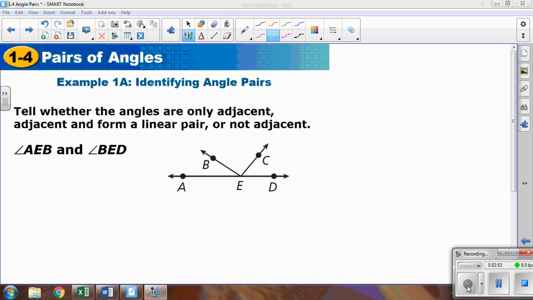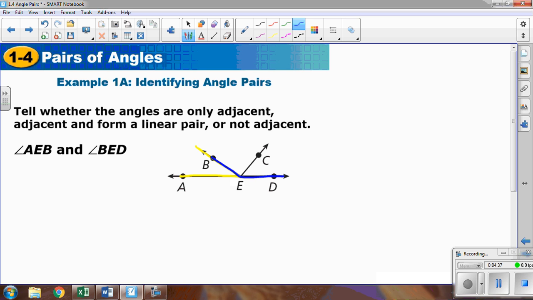All right, so let's look at these pair of angles. Angle AEB and angle BED. Are they adjacent? Are they adjacent in a linear pair? Or are they not adjacent at all? What do you think? Remember how we identify them in order. A connects to E, connects to B, and we also have B connects to E, connects to D. With that yellow and blue pair of angles, are they adjacent?